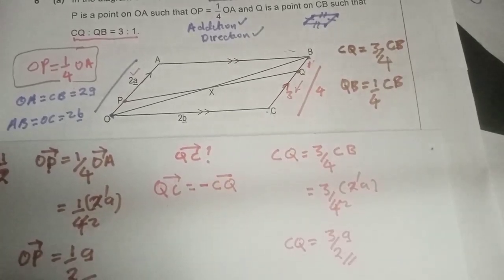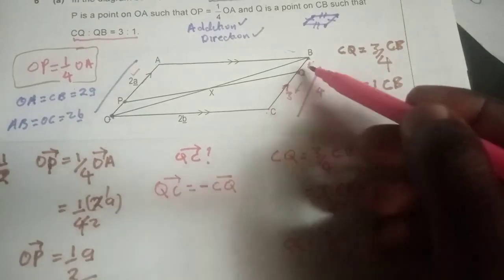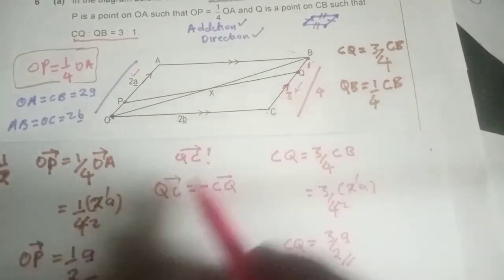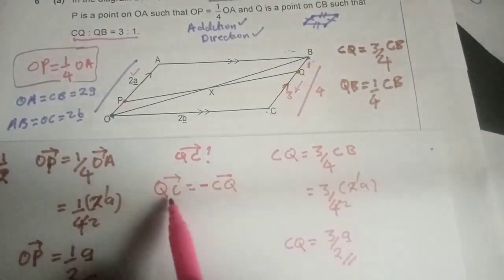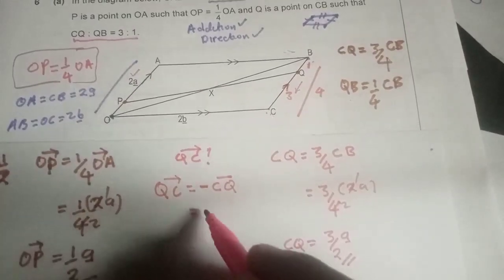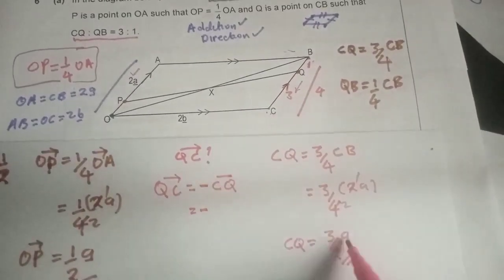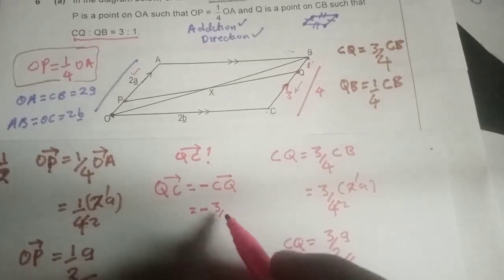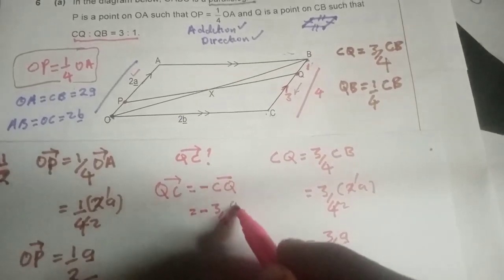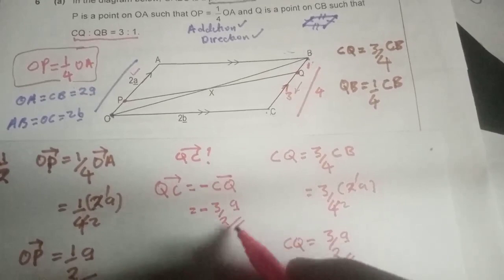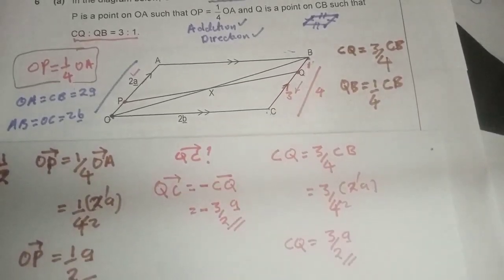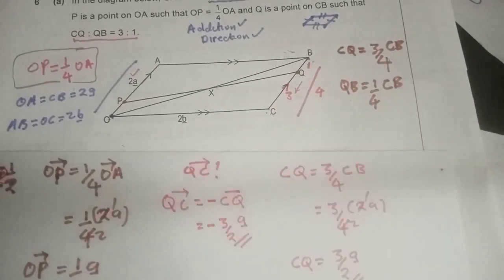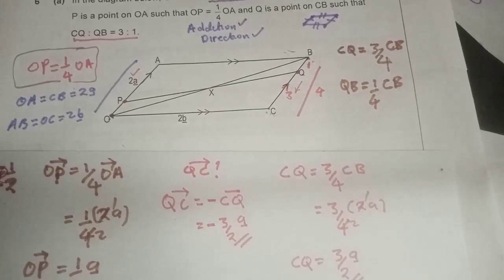I hope you've gotten that one, because CQ is the correct direction. Now we are moving against the direction. QC is negative CQ. What is CQ? We have already found CQ here, which is 3 over 2A. So this will be negative 3 over 2A, and this is our answer for QC.